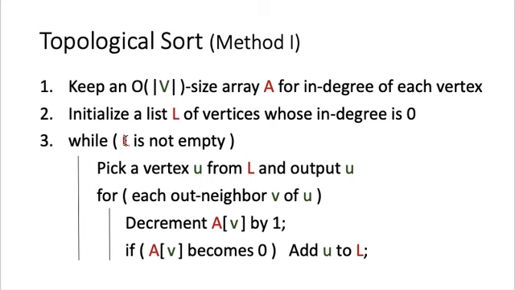What we are going to do here is that if a vertex has in degree 0, then we can output it at this moment. So we will check whether the list L has vertices with in degree 0.